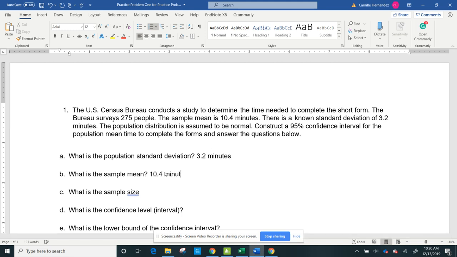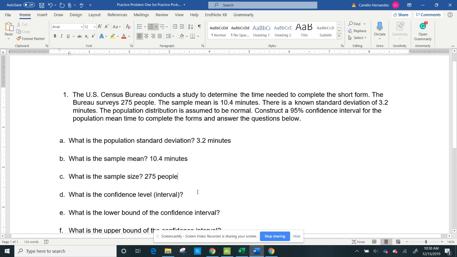What is the sample size? They surveyed 275 people, so that's my answer. What is the confidence level I'm trying to create? 95%, and I'm just given that in the problem.